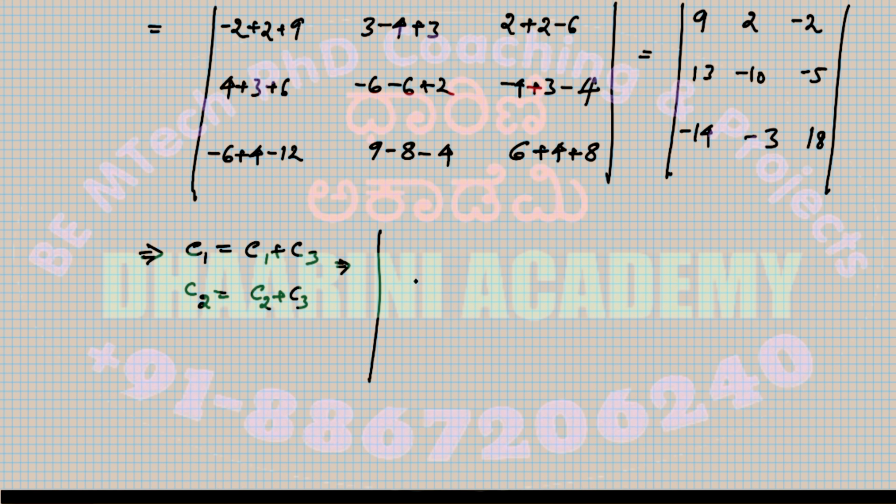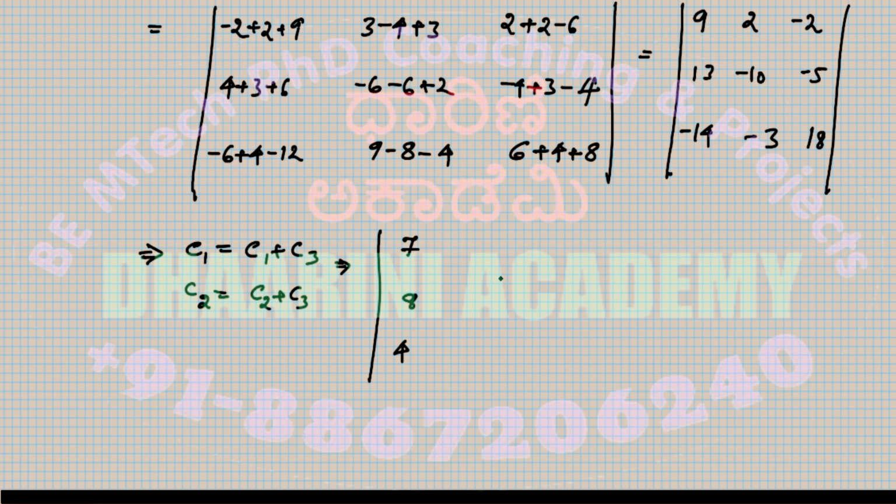Let's add: 9 minus 2 is 7, then 13 minus 5 is 8, minus 14 plus 18 is 4.